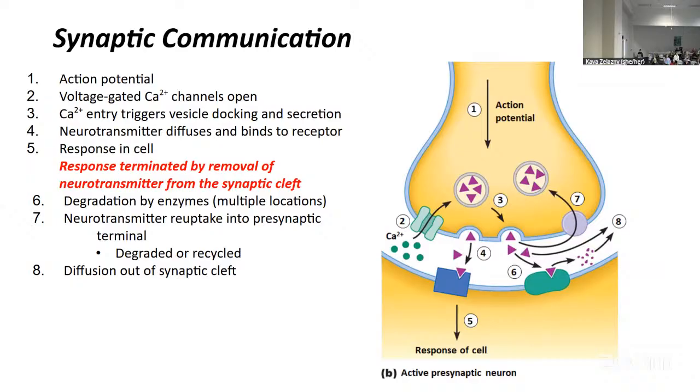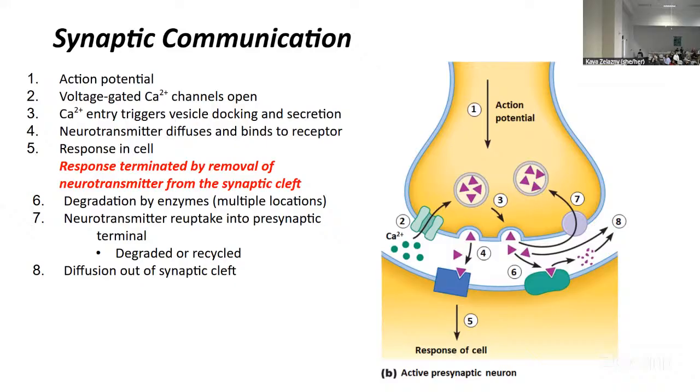Or we might have essentially a recycling step. We mentioned last time that we have this reuptake molecule here on our presynaptic cell. This reuptake molecule can pull things back in. Reuptake is when we take neurotransmitter or parts of neurotransmitter and pull it back into that presynaptic neuron so that we can save those neurotransmitters and reuse them next time we want.